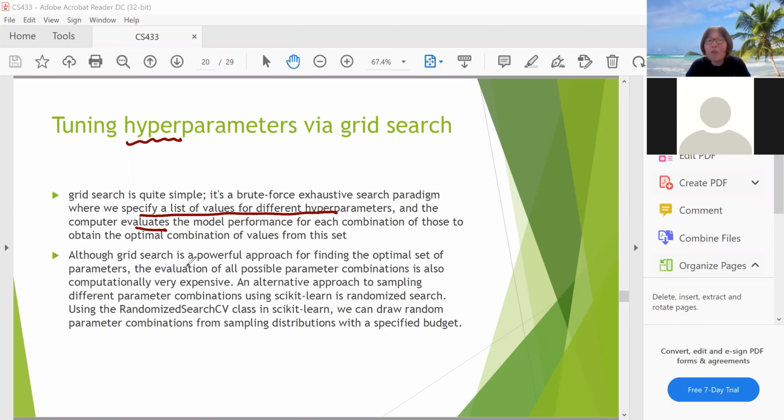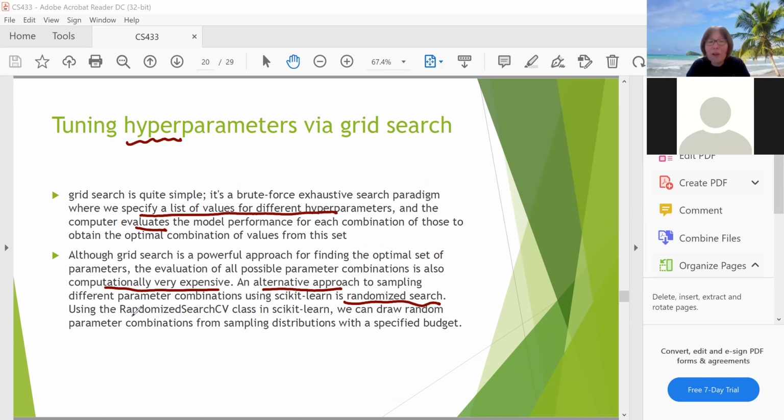The downside of grid search is that the computation is very expensive, because we need to run a number of times with different parameters. So an alternative approach is to do a randomized search.